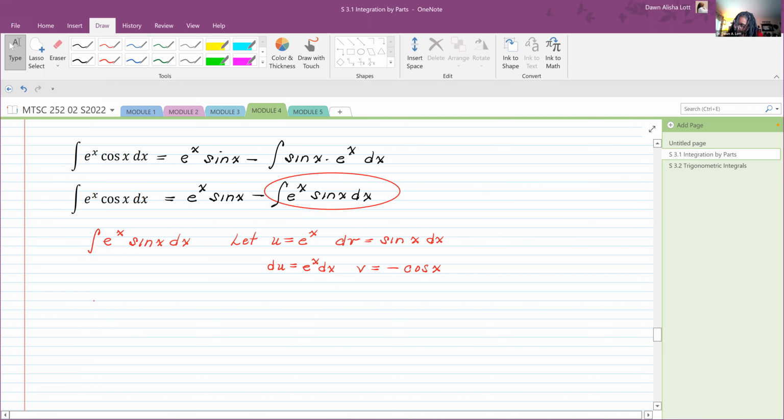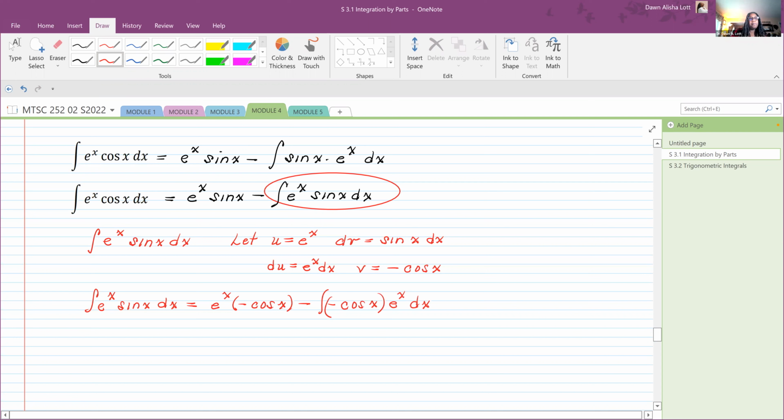All right. So I get the integral of e to the x sine x dx is u times v, which is e to the x times negative cosine x, minus the integral of v, which is negative cosine x, du, which is e to the x dx.